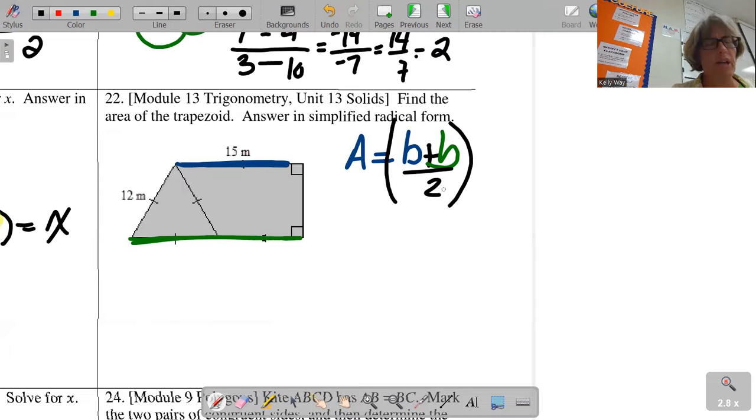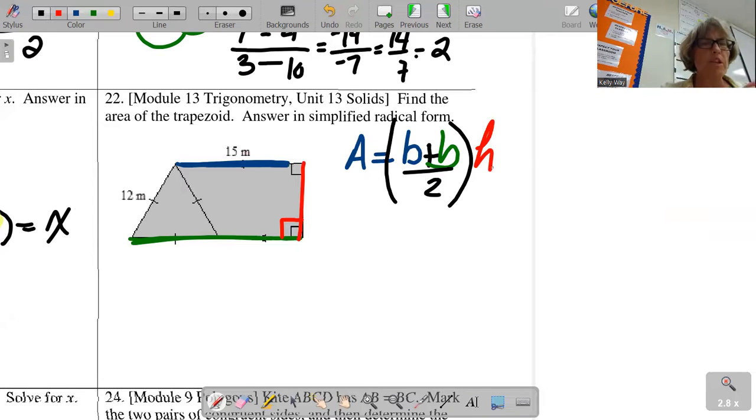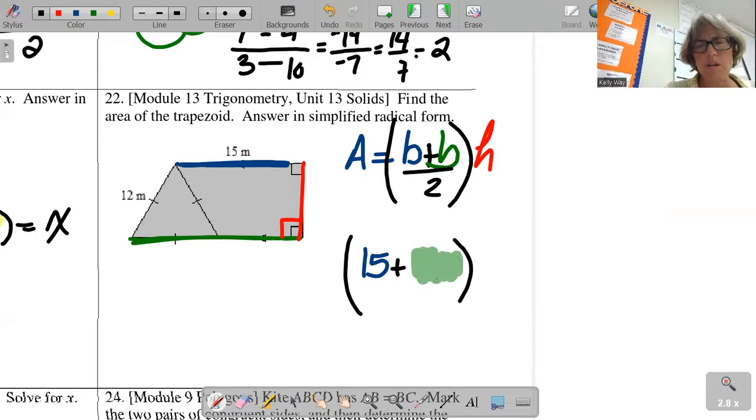You average the bases times the height, which always makes a right angle. So there's a couple things we're missing here. We have one base, 15. We are missing the other base, unknown. Parentheses, average the bases, and we're also missing the height.